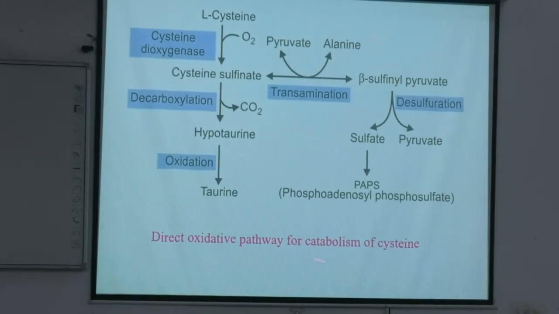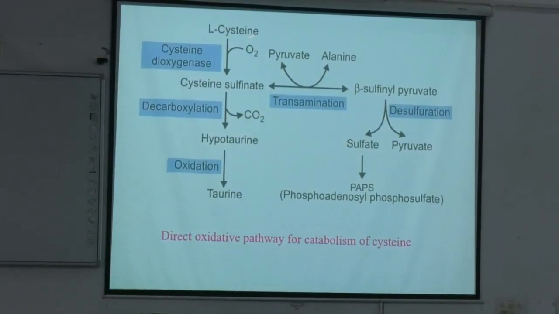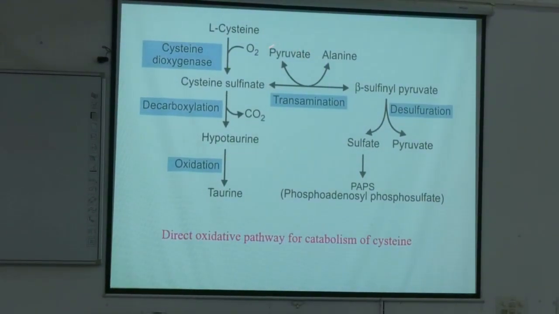Now, the direct oxidative pathway of catabolism of cysteine, it forms taurine, L-cysteine, cysteine sulfide, beta sulfide, by desulfuration formation of PEPs and formation of taurine. So, in this slide, there are 2 pathways.